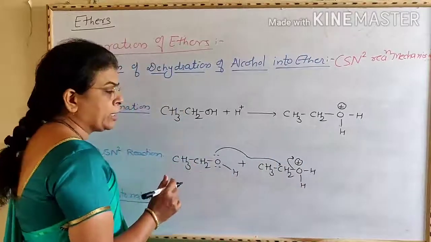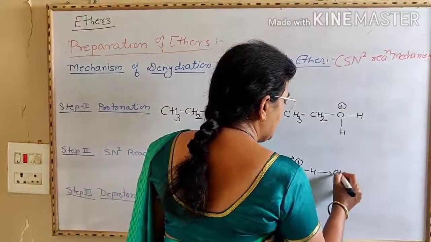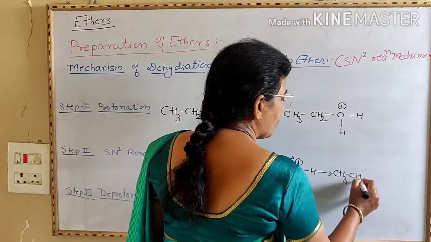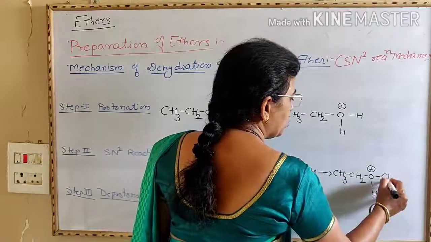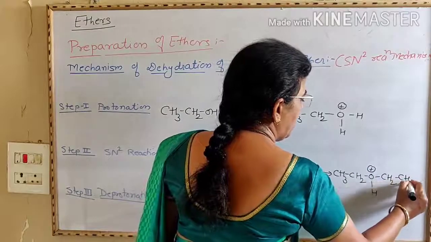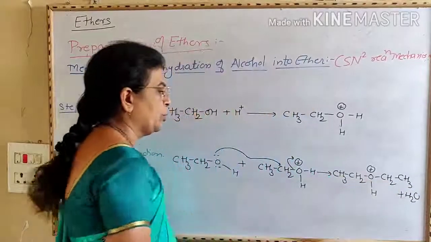This is an SN2 reaction mechanism type reaction, and we get here CH3CH2OH+CH2CH3 plus H2O. This H2O is removed.